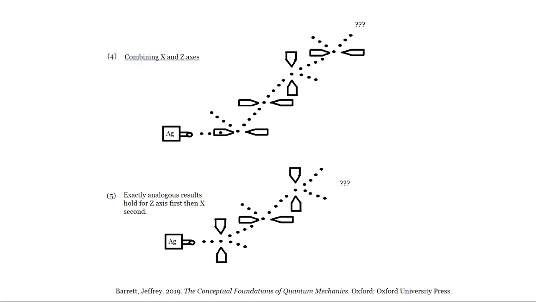In this case, usual setup, bunch of silver inside the annealing oven, electrons are shooting out. We pass it through the z-axis analyzer. We isolate the ones that are z spin up. We then pass it through an x-axis analyzer. We isolate the ones going x to the right, so they were z up and now they're x to the right. And it turns out if you try to measure the z-axis again, that information gets destroyed. We have a 50% probability of the initially measured z spin up electrons now being 50% up and 50% down.